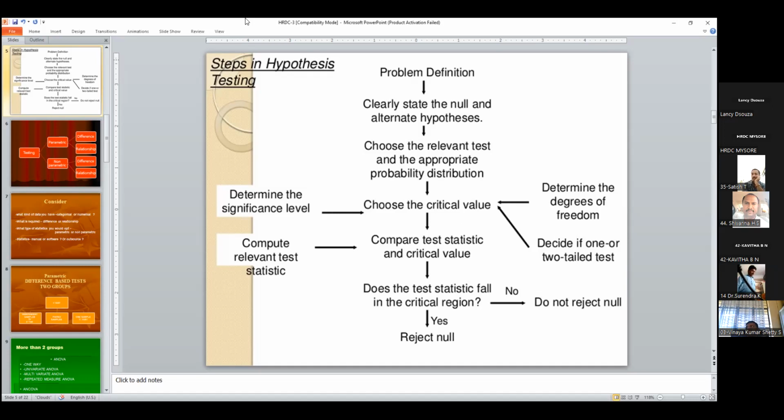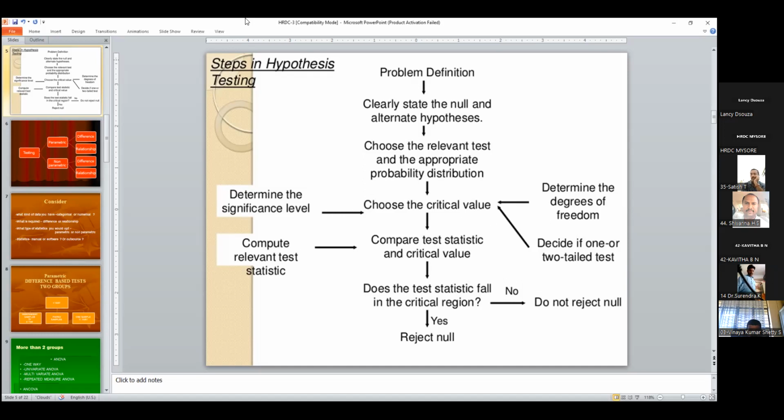Then execute the test, and now you determine your significance level. Usually we say 95% confidence level, or the significance level should be at the 0.05 level. We'll be discussing what this 0.05 is in the subsequent slides.